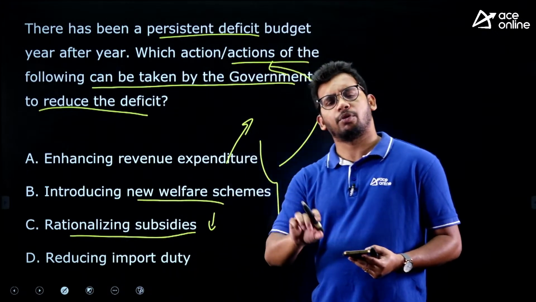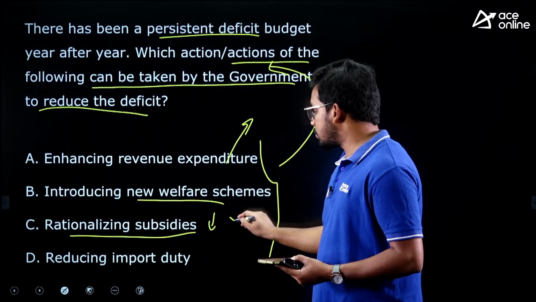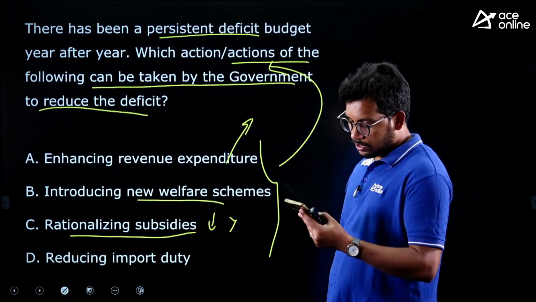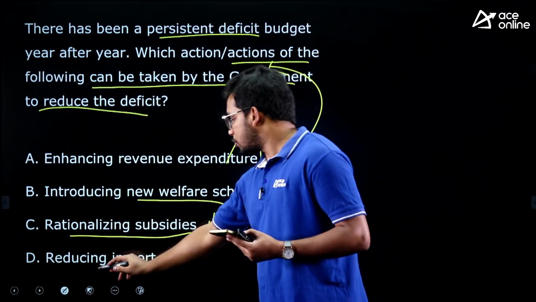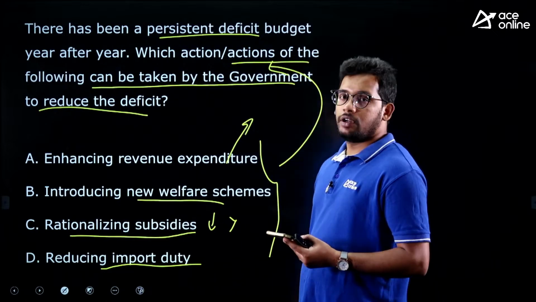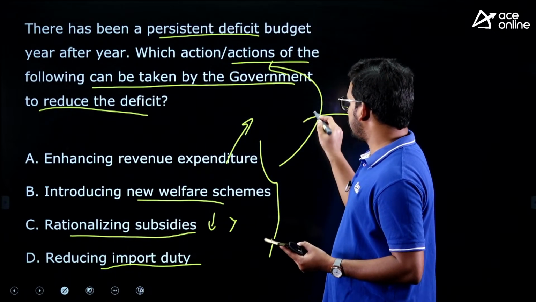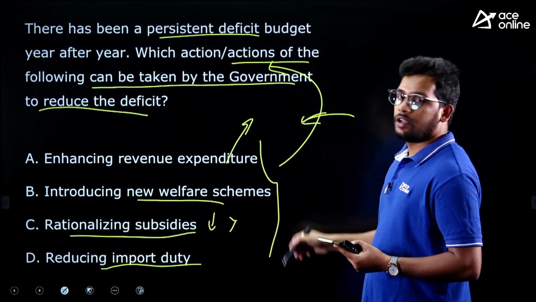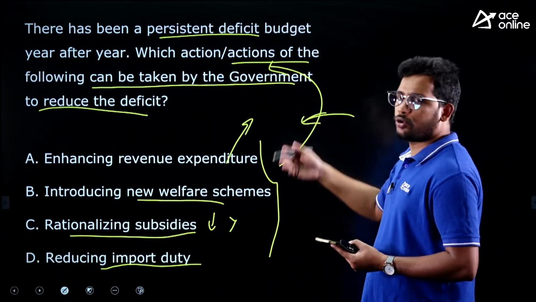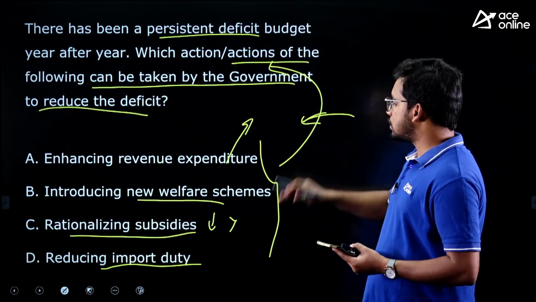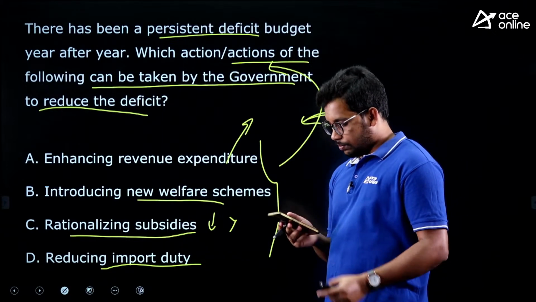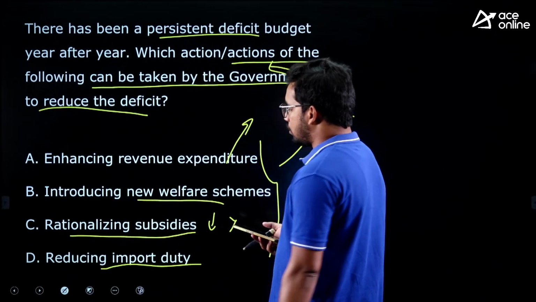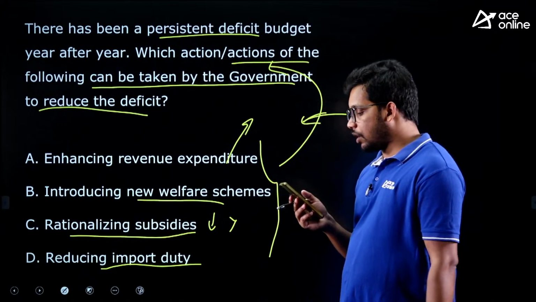Rationalizing means wherever it is important, give them; cancel the rest of the subsidies. Fourth option, reduce import duty. So whenever goods are entering India, reduce the import duties, right? So that is the fourth option. So tell me the answer now.